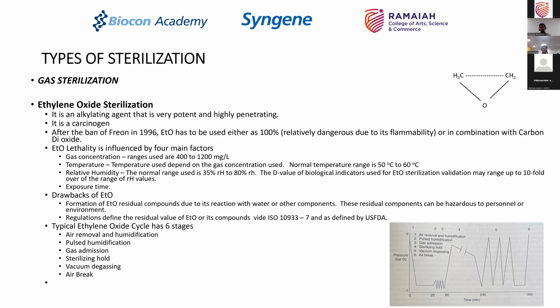To diffuse it. Similarly, here you will pulse the moisture into the chamber so that there is an increase in the moisture level before it drops down, because there is a possibility that the moisture level will fall because of its interaction with the environment inside the chamber. Could be with the material, could be because of the chamber material itself. So to maintain that, you just do a pulse humidification.